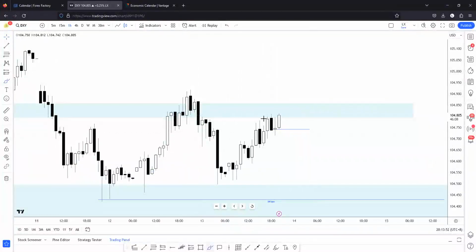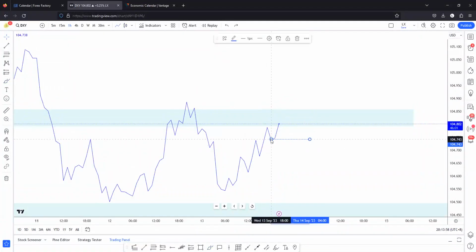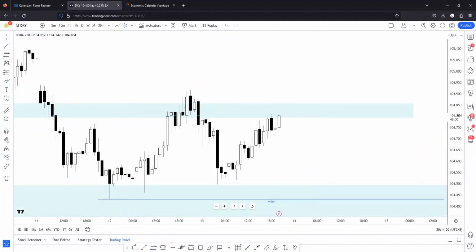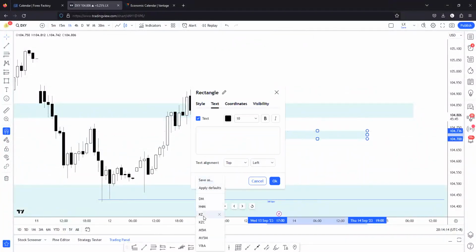If you take a look at this, you can see that price broke structure to the upside. So this is the last low that broke structure. In this region, price broke and closed to the upside. This is the last low that we have that serves as the demand. So as long as price holds above this, on dollar index on a 1 hour, it's still bullish. So we need to wait for a break and close to the downside of this zone.